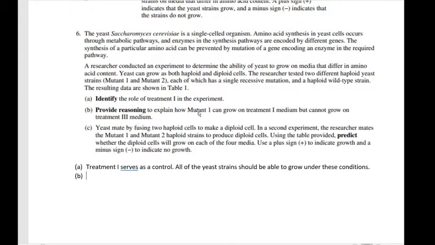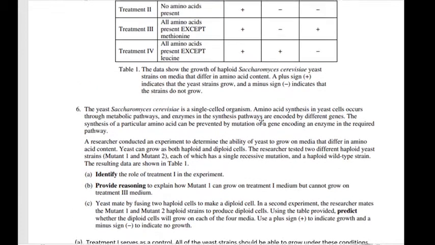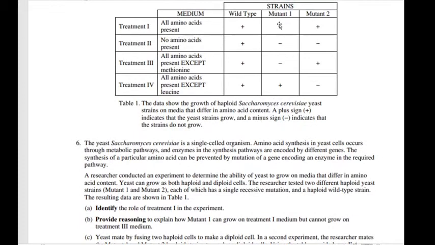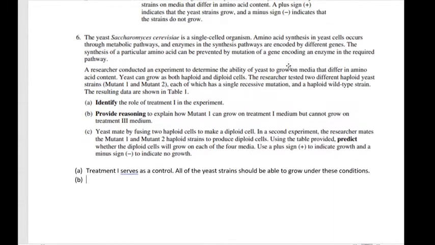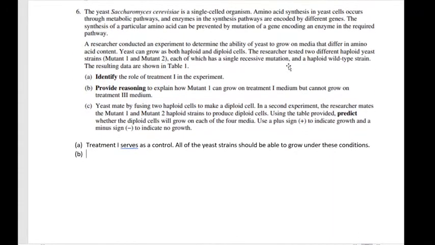All right, we need to provide reasoning to explain how mutant 1 can grow on the treatment 1 medium, but not on the treatment 3 medium. On the treatment 3 medium, we have all amino acids present except methionine. So the fact that our mutant strain cannot grow there indicates that that mutant strain cannot produce methionine.